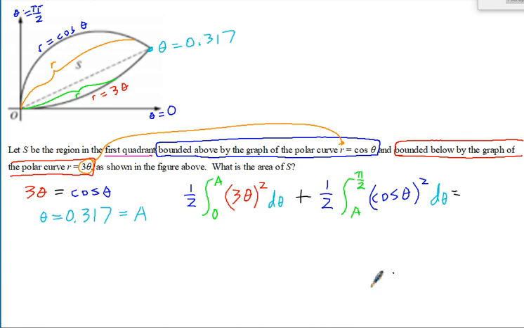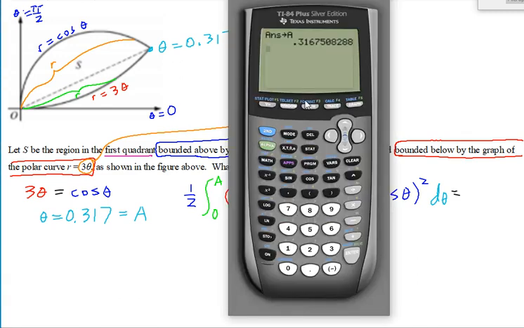So back to the 84 here. So you can put 1/2 or 0.5. And then actually if you want to put it with thetas instead of x's, either way is fine. You can go to mode and switch it back to polar mode.